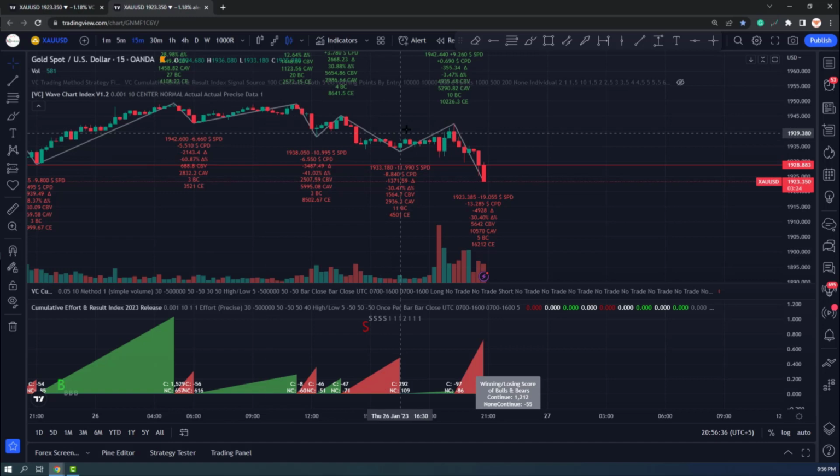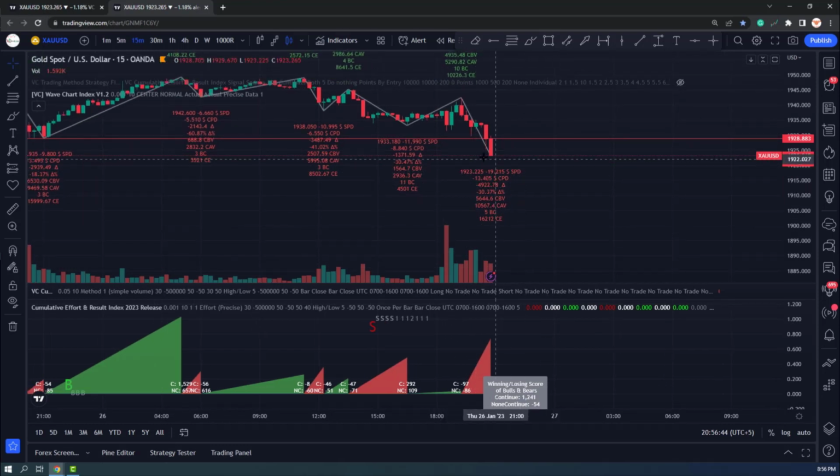The wave chart index, here, at the end of every wave, we have certain data. This data is based on the current movement of the market, the current wave of the market. It can show you total volume, delta volume, bid volume, ask volume.